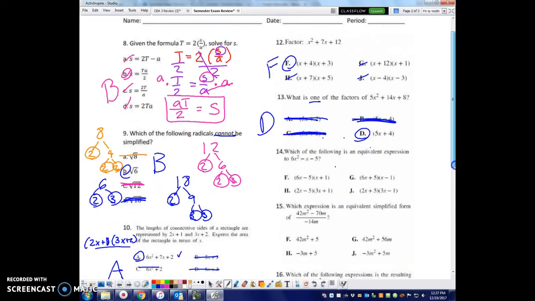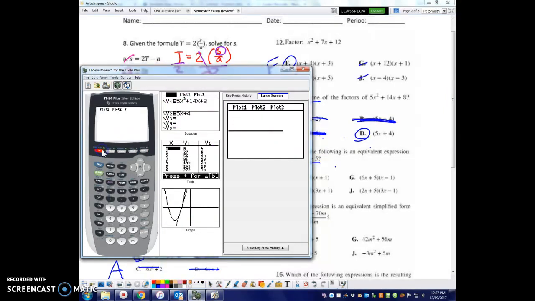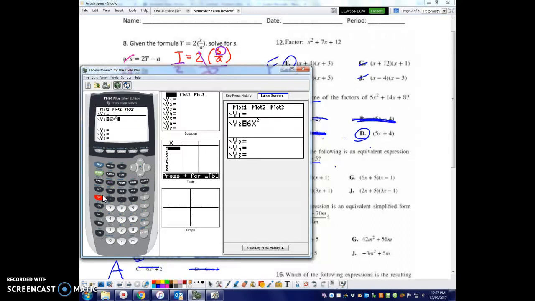Now for 14. Which of the following is an equivalent expression to this? Okay, so you type it in, y1, y2. Here we go. So in y1, we put 6x squared minus x minus 5.